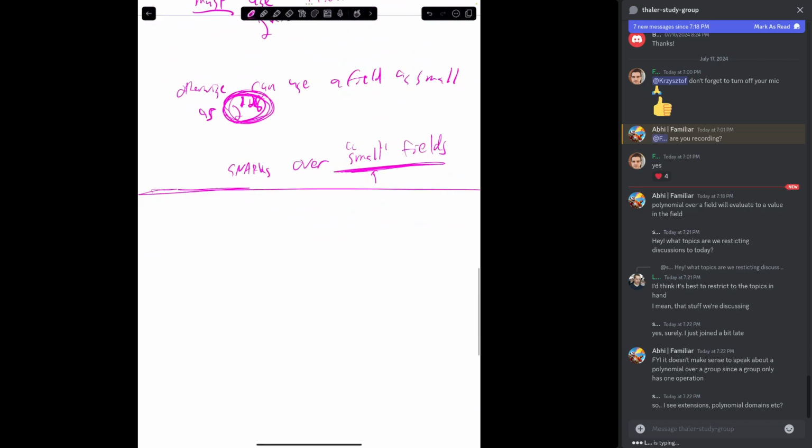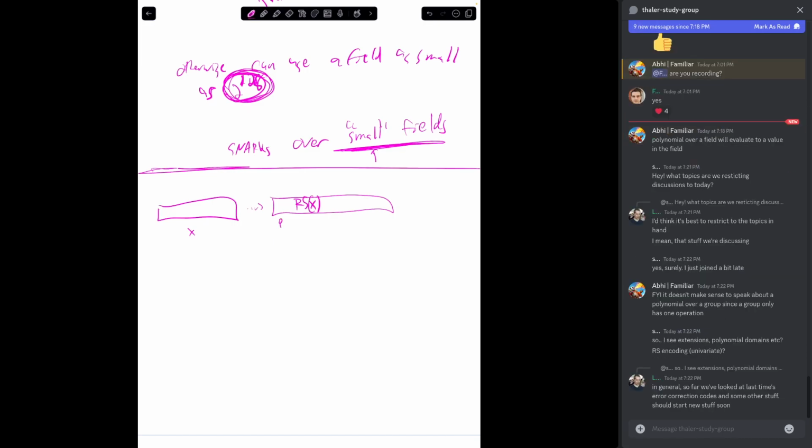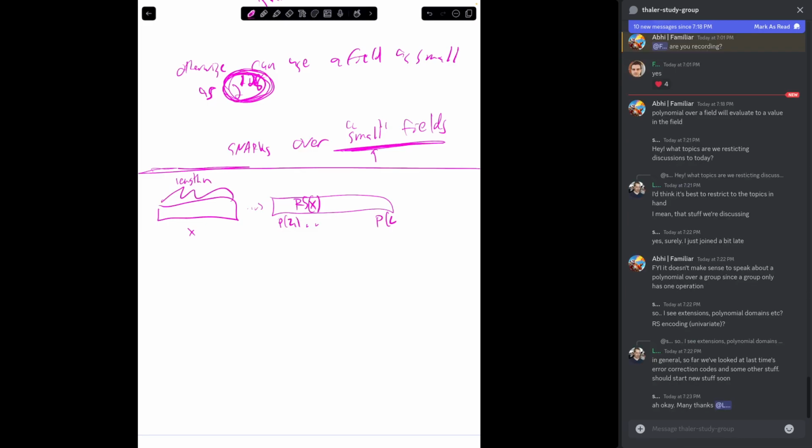So what they'll do is if you want to take a vector X and look at its Reed-Solomon encoding, RS of X, this means they're interpreting X as a polynomial P and evaluating that polynomial at some number of points. So let's say X has length N, and they're evaluating it at K points.